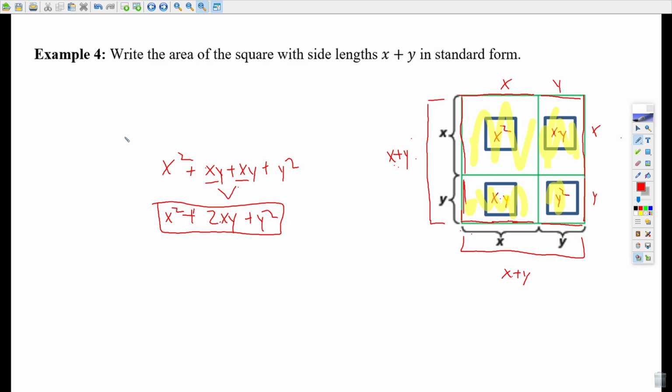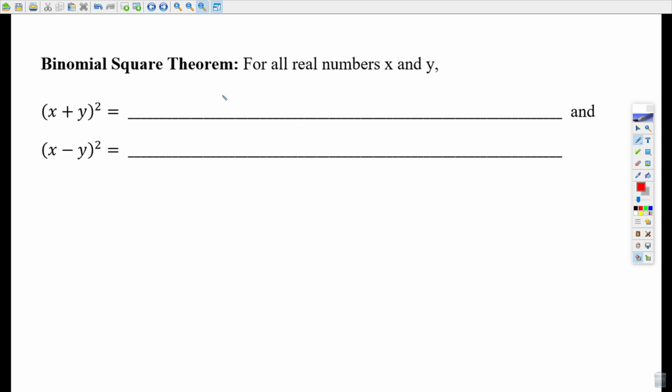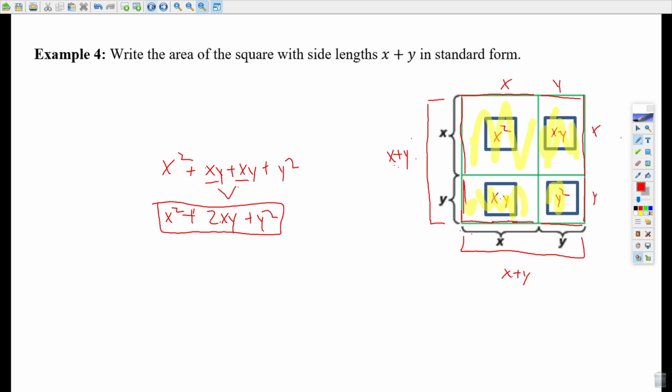So this is actually part of a theorem, the binomial square theorem. For all real numbers x and y, if you have x plus y squared, that means you have two of them. So this is what that means: x plus y times another x plus y. Which is exactly what we just did in the last problem.